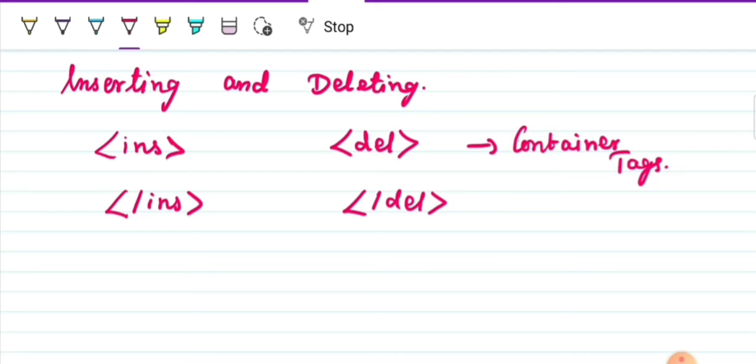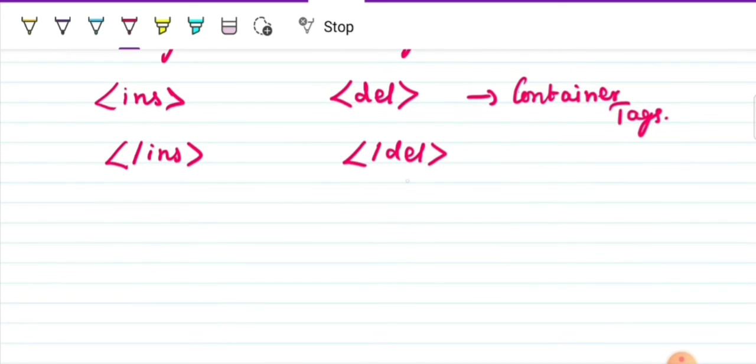So here what the delete and insert are going to do is this: whatever content you have inside the area of the del opening and closing tag will have a strike through.